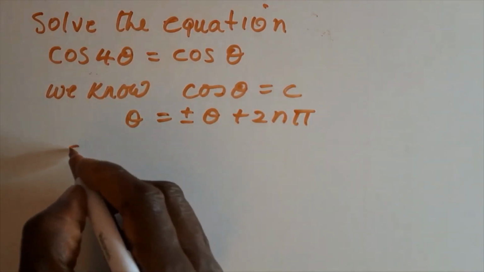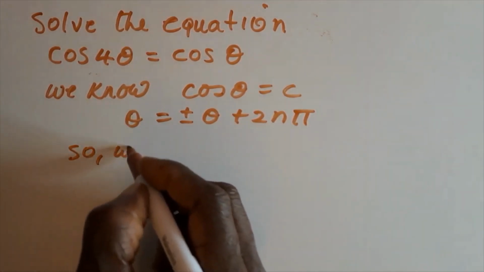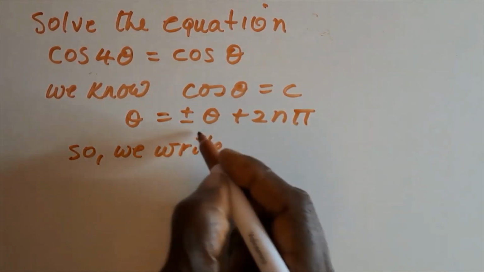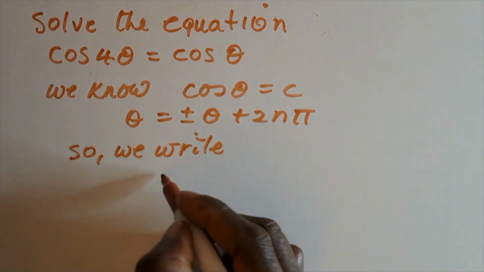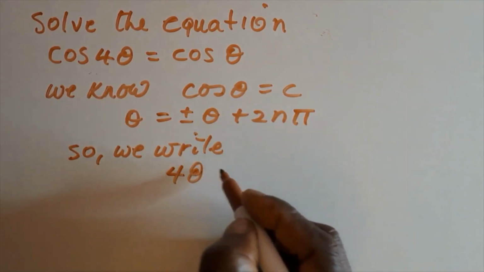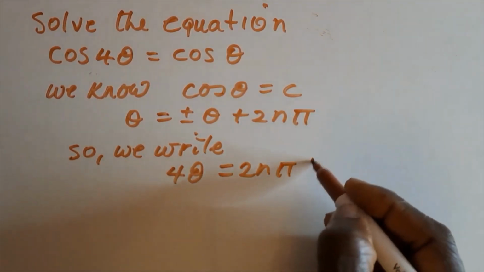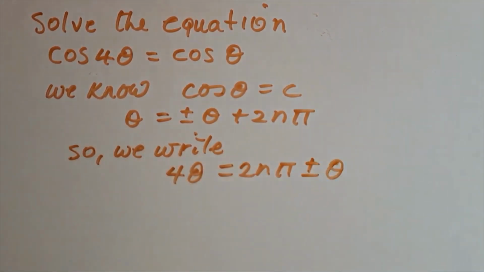So we can write that 4 theta is equal to 2n pi plus or minus theta.